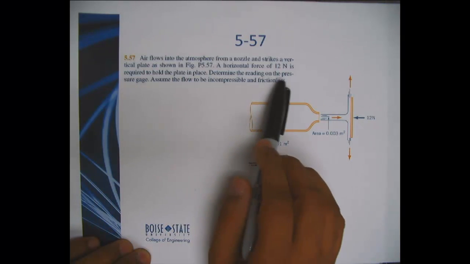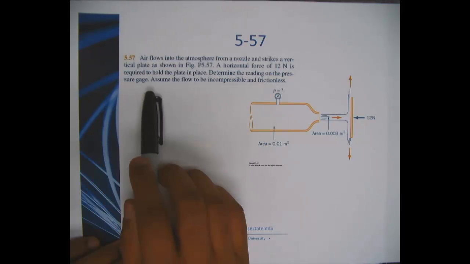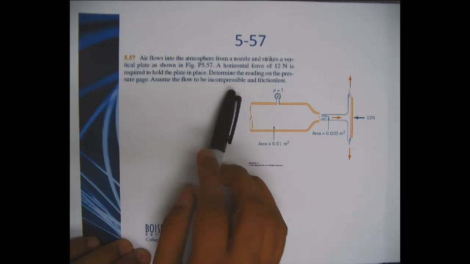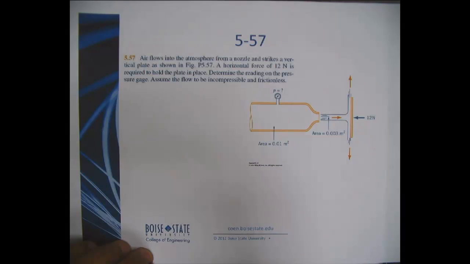We're asked to determine the reading on the pressure gauge. Assume the flow to be incompressible and frictionless. Again, that should tell you that you can probably go ahead and use the Bernoulli principle here if needed. Okay, and it would so happen you might see that it would be needed in this case.